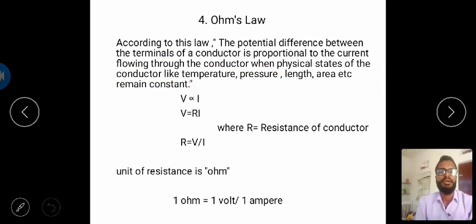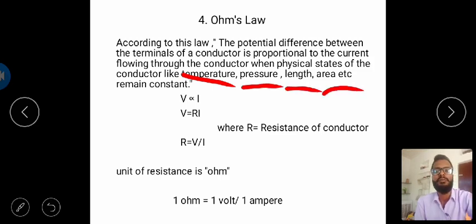If the temperature, pressure, length, area of the conductor are not constant, then Ohm's law will not be applicable to that conductor. So first of all, we have to make sure that the physical states like temperature, pressure, length, area, etc. should be constant.